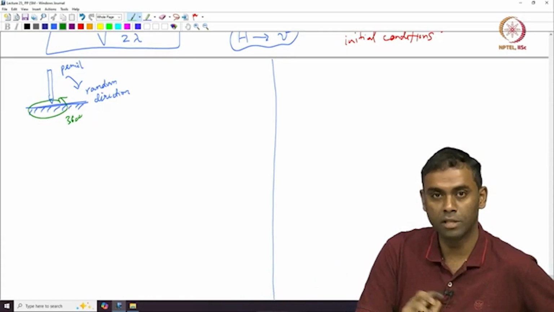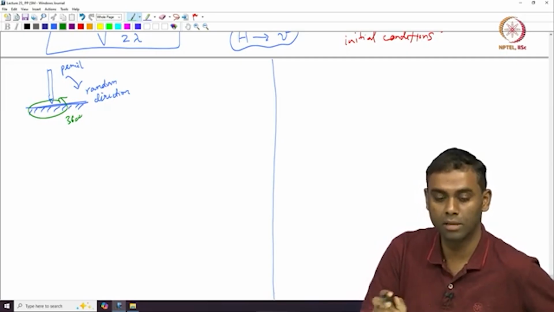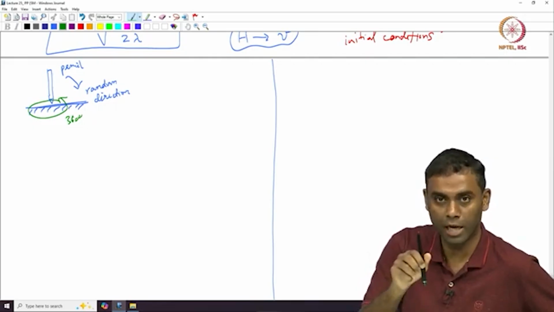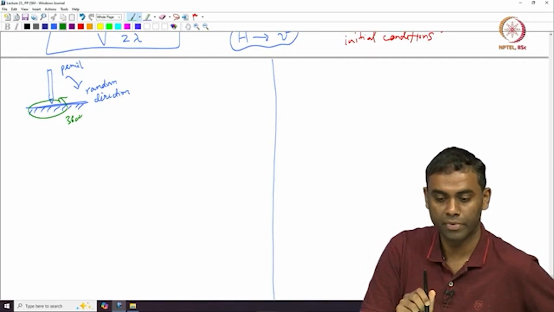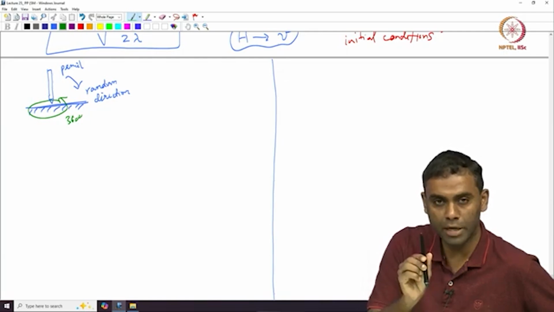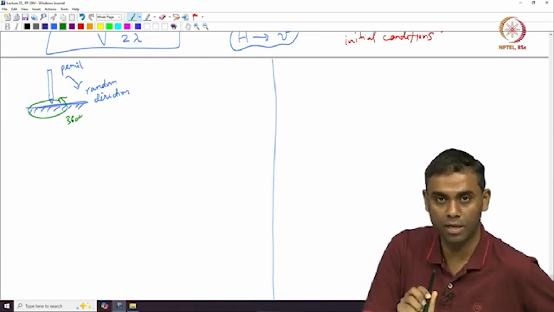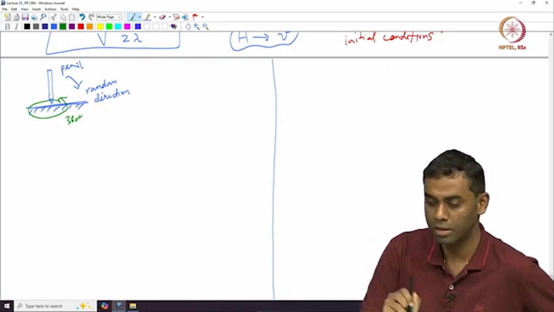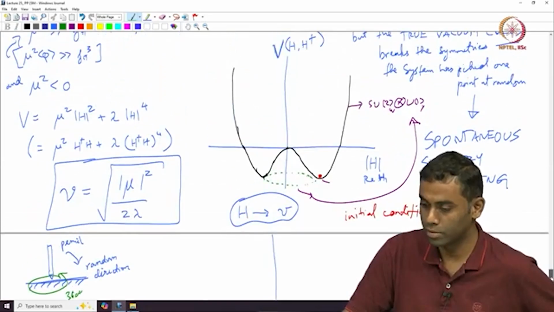And why did the pencil fall in different directions in the different trials? Because of the initial conditions, correct. Because the way you actually held the pencil up vertically, there was some minute variation every time you held the pencil up, right, and that is ultimately what determined which direction the pencil fell in, correct. That is exactly what is going on here also.